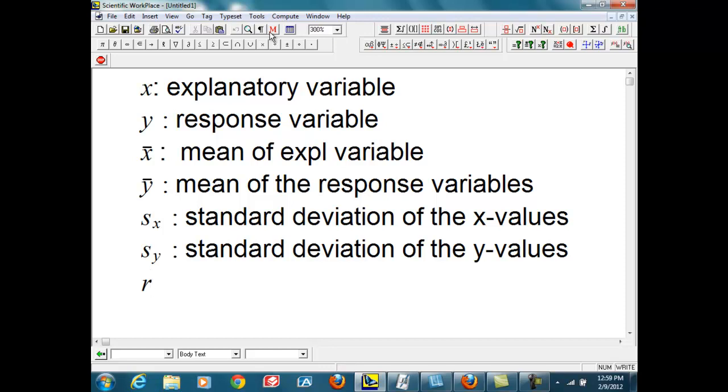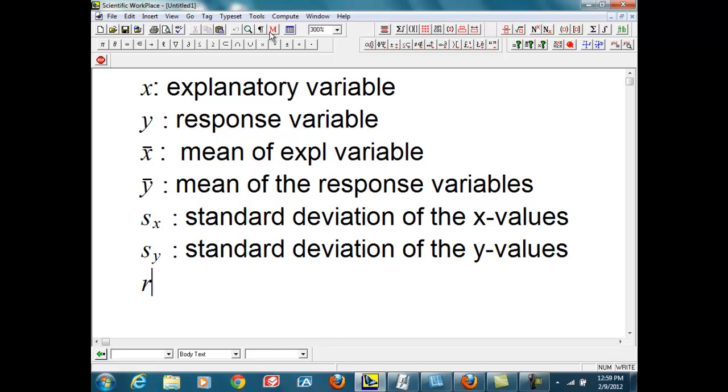The way we will work with this is, when we say that we have positive linear association, what we mean is that the above average values of X will be accompanied with the above average values of the Y variable.